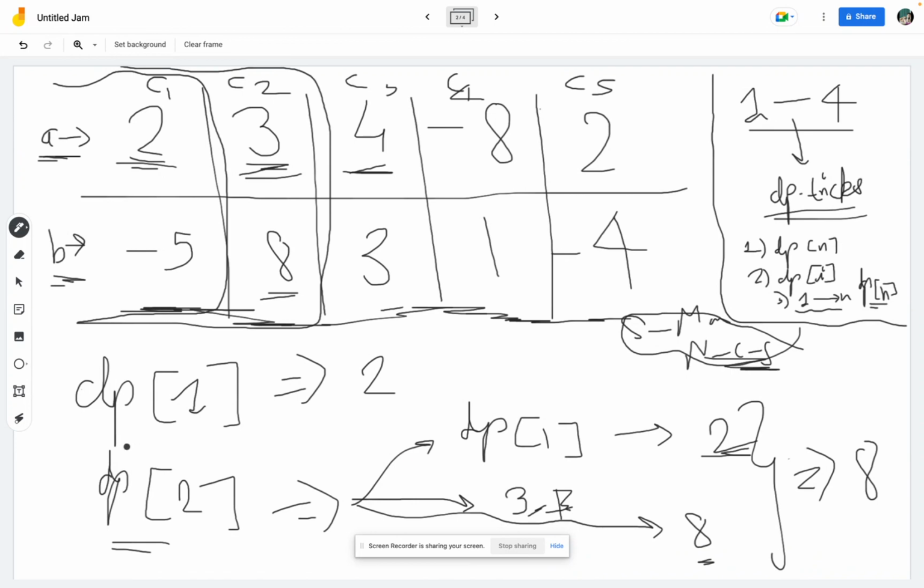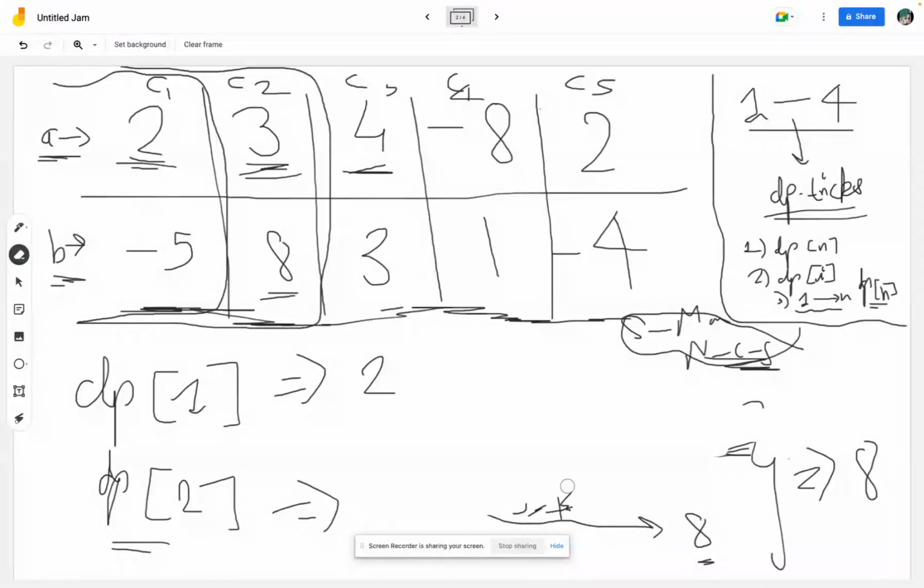Now let's try calculating dp of 3. Let me use my eraser. So dp of 1 was 2 and dp of 2 was 8, right? I'm trying to keep the same screen because I don't want to lose track and draw the same example again. Guys, dp of 1 and 2 you can so easily calculate without any formula.